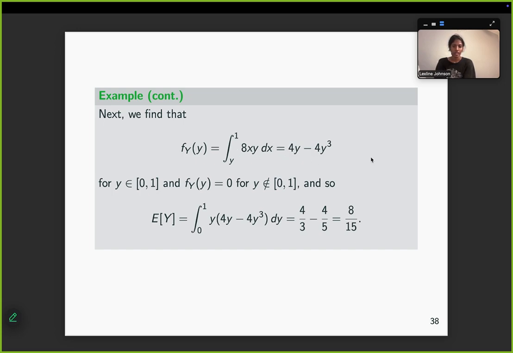When we solve for that, we get 4y minus 4y^3 for values of Y between 0 and 1. We can then find our expected value of Y: we take 4y minus 4y^3, multiply it by y, and find the integral from 0 to 1 with respect to dy. We solve for that, and we get 8/15.